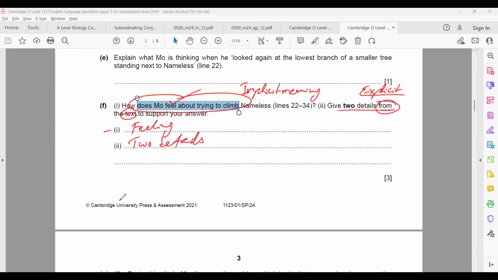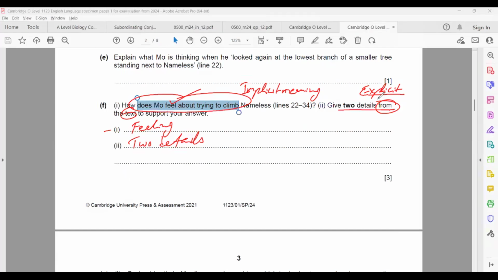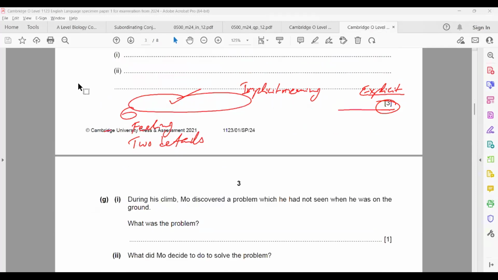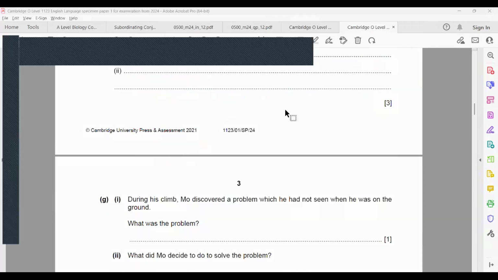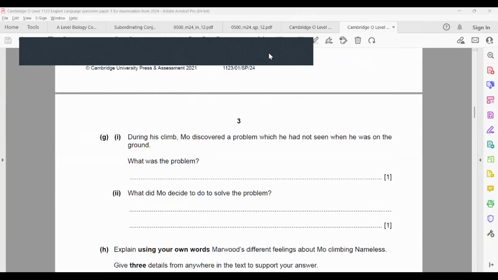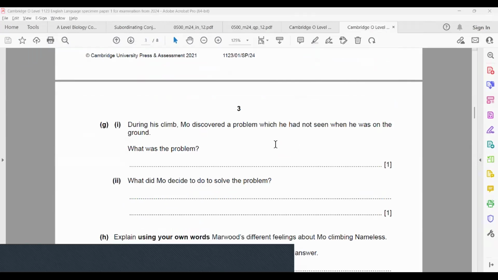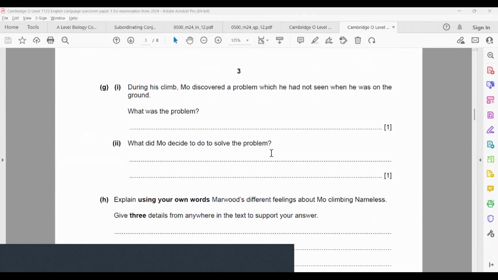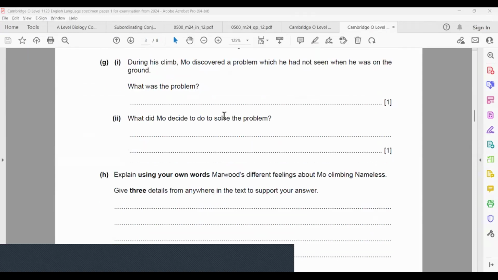On a similar note, let me just clear that out. Okay. Then what do we have? We have, right, so this one again is an explicit meaning question.